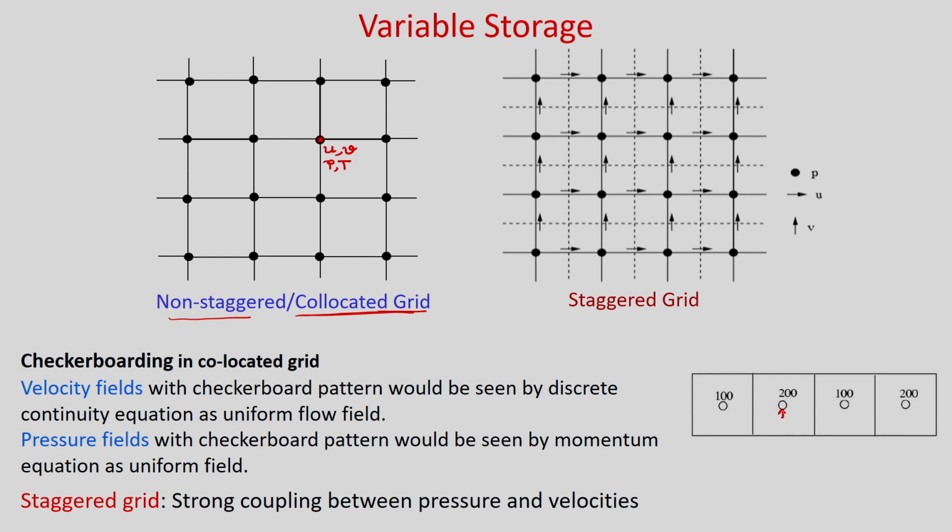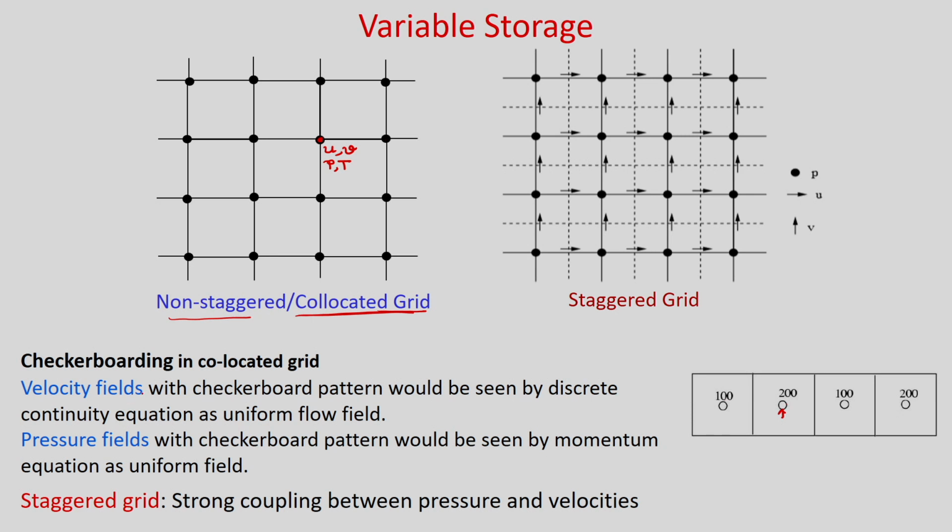If you use central difference, you can see 100 minus 100 divided by 2 delta x, so it will become 0. So, pressure gradient is 0, but pressure gradient is the driving force for the velocity, and here it is becoming 0. That is known as pressure velocity decoupling.